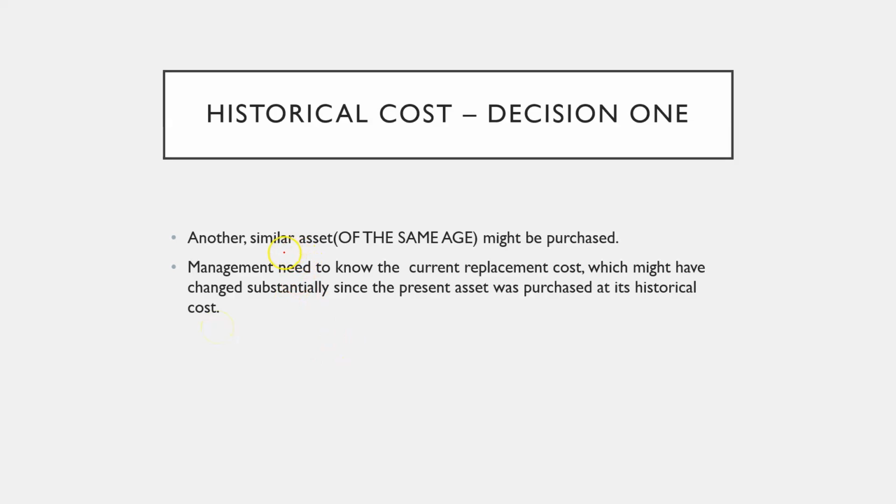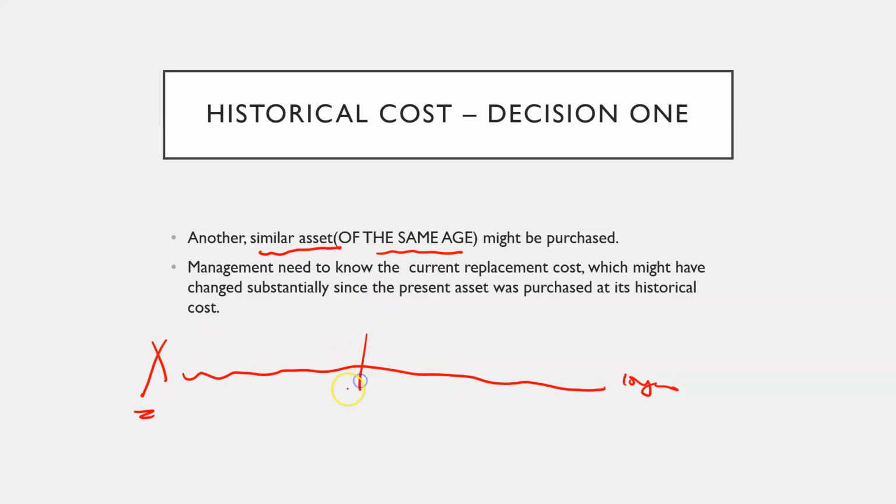Sometimes you might want to buy a similar asset of the same age. So you've had an asset, the life is going to be, say, 10 years, and you've had it for 3 years, for example.